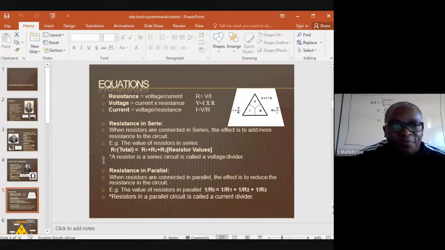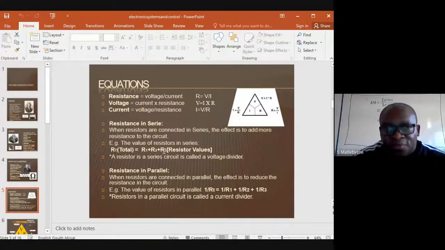Now, this is very important, hence I put a star there, about a series circuit when it comes to resistors. A resistor in a series circuit is called a voltage divider. Please, please, please remember that. It means in a series circuit, the voltage will be divided across each resistor.